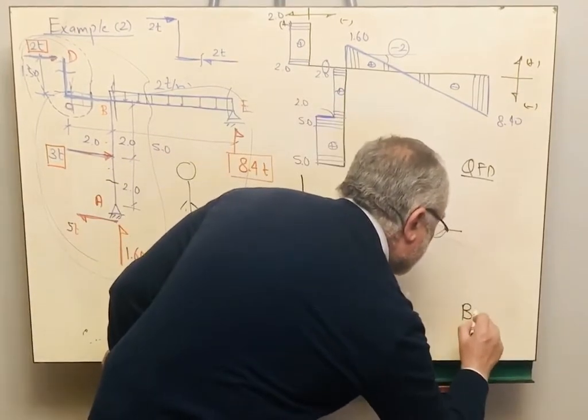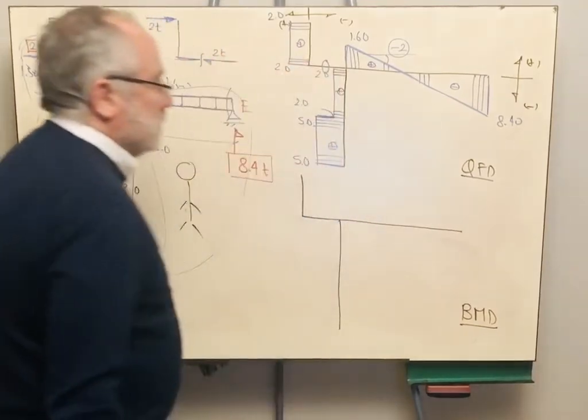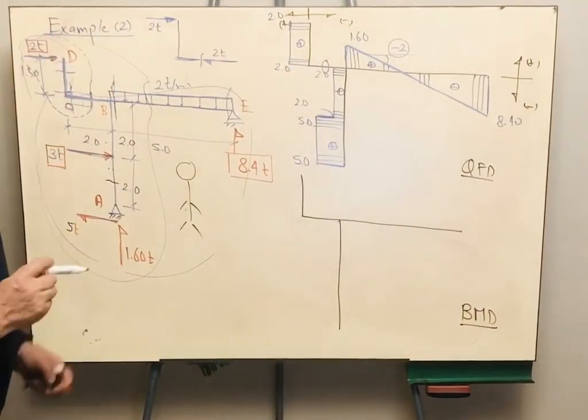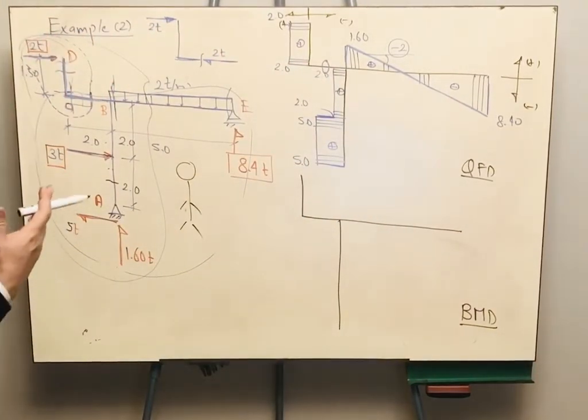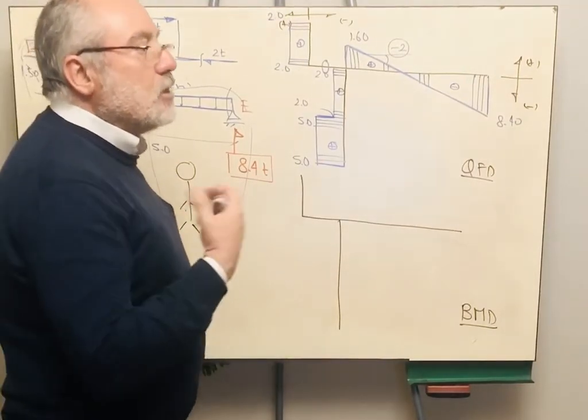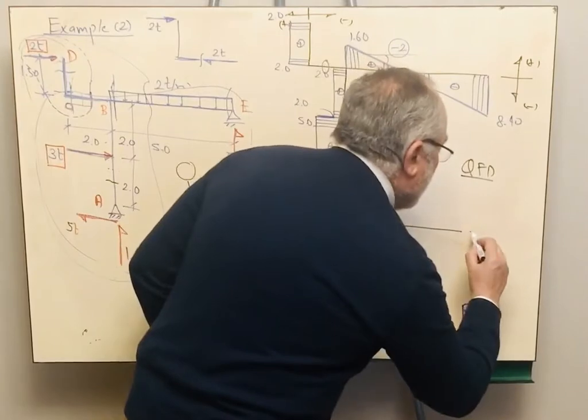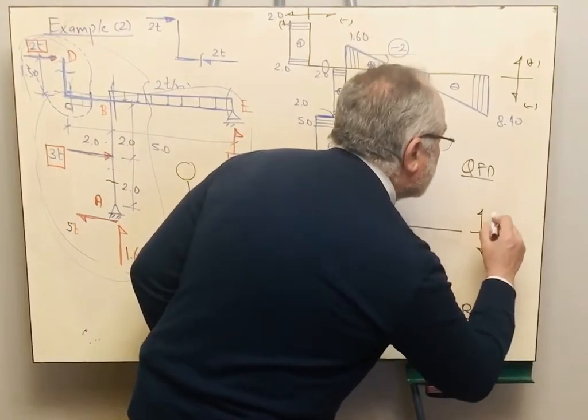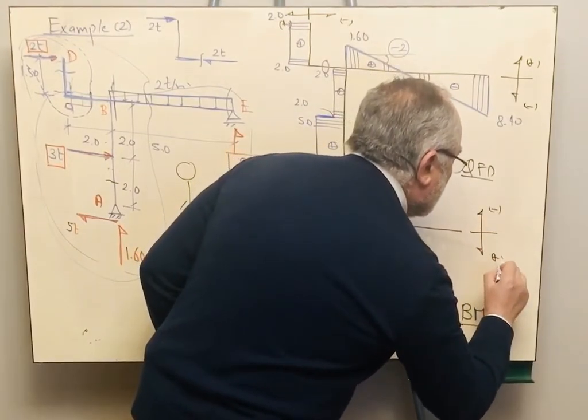This is the bending moment diagram. Again, in the bending moment diagram, we are drawing the far side negative and the near side positive because we are drawing it on the tension side. So everything is reversed compared to the normal force and the shear.